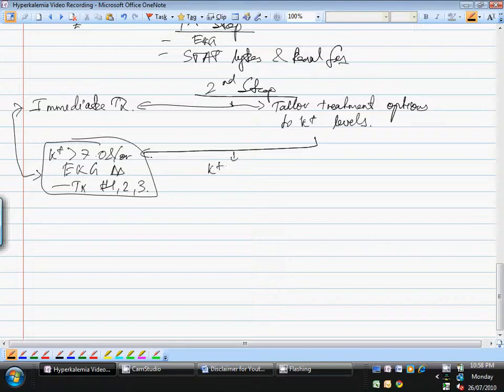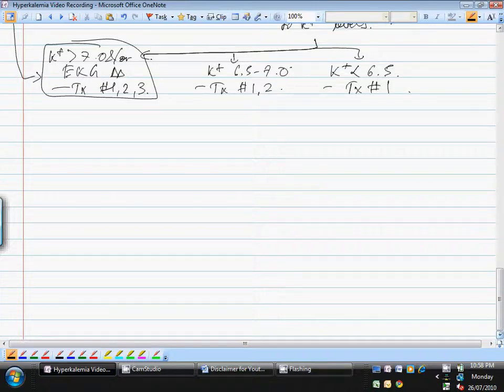If the potassium is between 6.5 and 7, then you use treatment options 1 and 2. And if the potassium is less than 6.5, then you use treatment option 1. And of course, it's again up to clinical discretion. If the potassium is less than 6.5, some clinicians may choose to go with more treatment options. Again, it really varies.